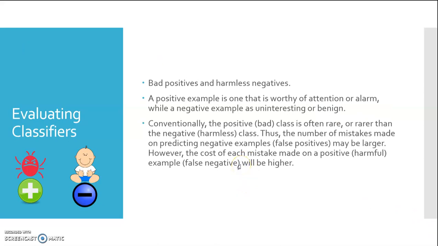When we're thinking about classes, there are always 2 kinds of classes, positive and negative. So how do we know which event should be a positive class, and which should be a negative class? Always remember this phrase: bad positives and harmless negatives. Let's say we have a case where we want to predict fraud.